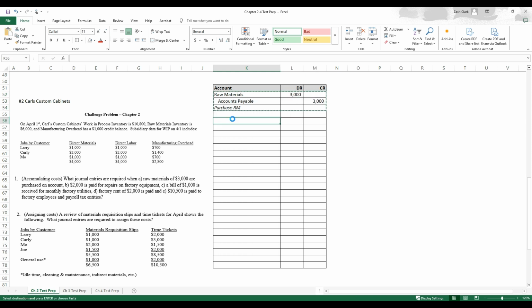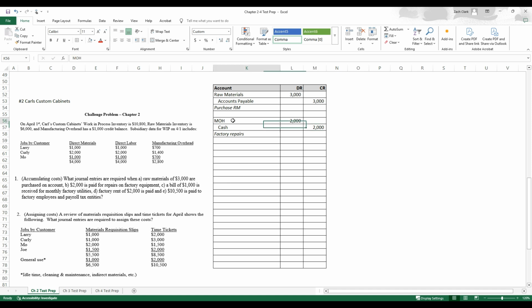So now we've got some actual overhead costs. Remember, actual overhead costs go to the debit side of our overhead account. That was 2,000, and it just says paid, so I'm going to assume the credit is to cash. And we'll say factory repairs. Remember, general repairs to factory equipment are an overhead cost.